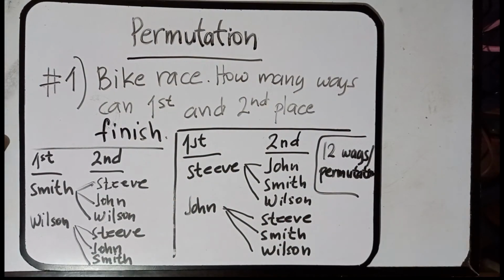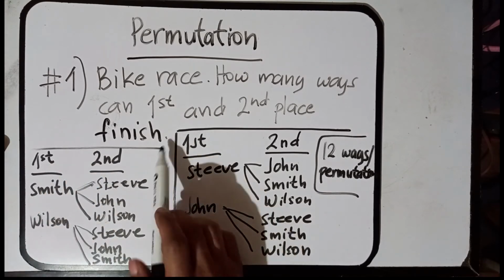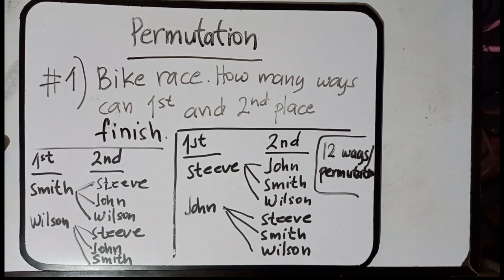Now, this question comes in. Let's say you have thousands of racers for this problem, and you were asked how many ways can first and second place finish. If you plot this just the way we did in this example, it will take you a lot of time before you can get the total number of permutations.